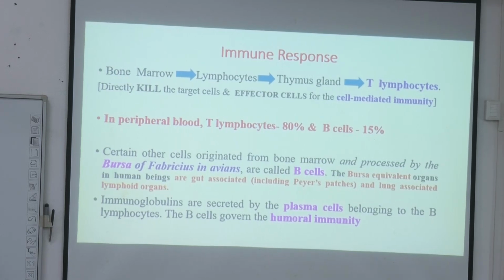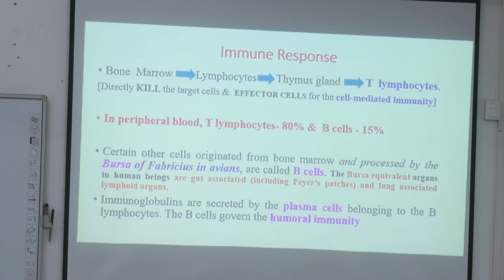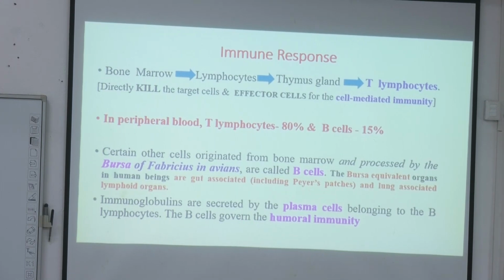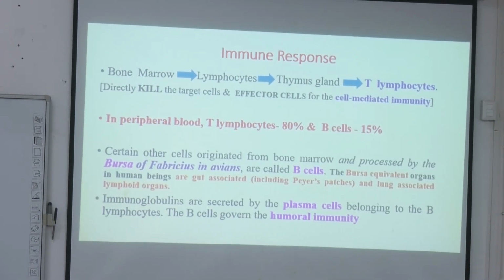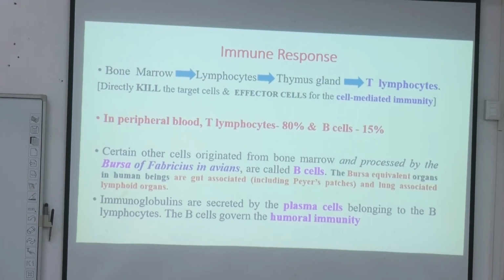Now, the B cell name originates from the bursa of Fabricius, which is present in birds. You see, many discoveries originated from non-human sources. We have equivalent lymphoid tissue, that is Peyer's patches and the gut and lung associated lymphoid organs, where they mature to become B cells.